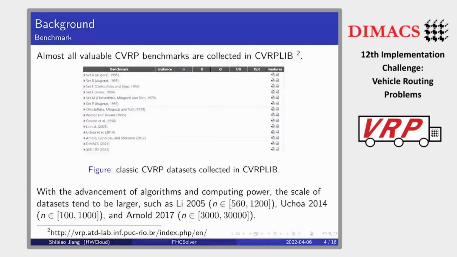Then I will tell you something about the CVRP benchmark. There are many datasets for CVRP, and all valuable benchmarks are collected in CVRPLIB. The website is at the bottom. I want to point out that with the development of algorithms and computing power, the scale of CVRP datasets tends to be larger and larger.